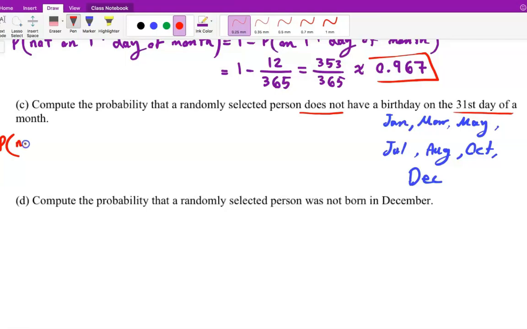Probability of not on the 31st day of month. So that is equal to 1 minus probability of on the 31st day.